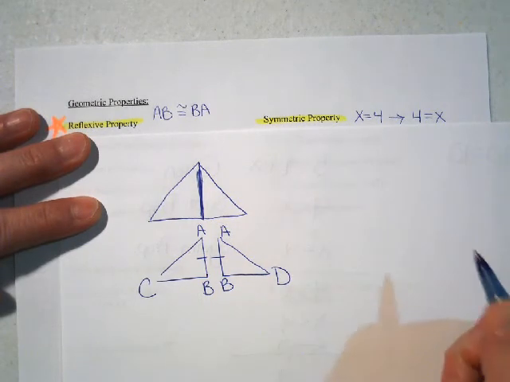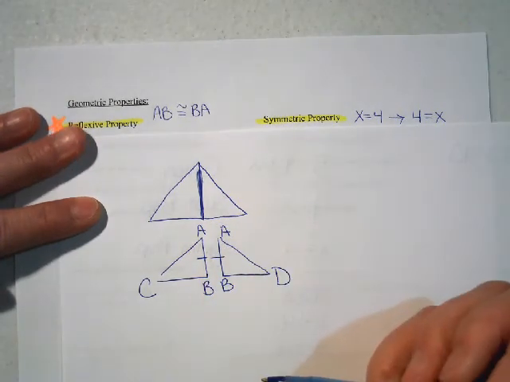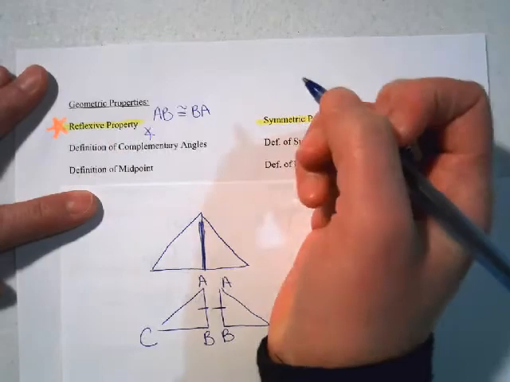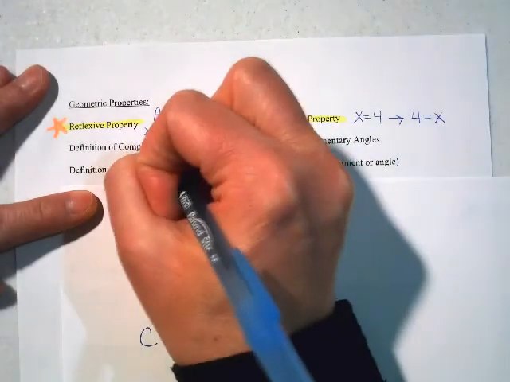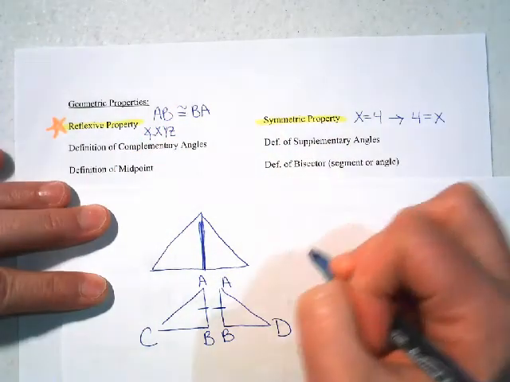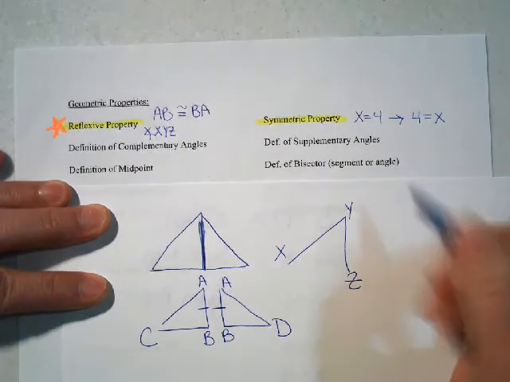Maybe this is triangle ABC, and maybe this is triangle ABD. Maybe they're two separate triangles, but they share a common piece. So you're going to see that. You also sometimes see it with angles. So let's call this angle XYZ.